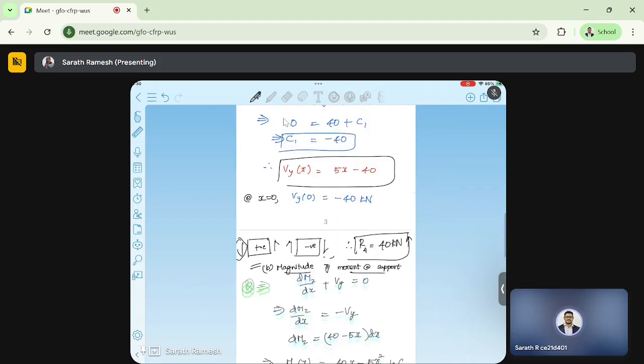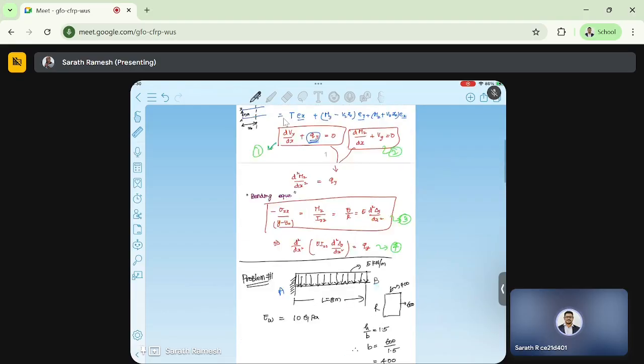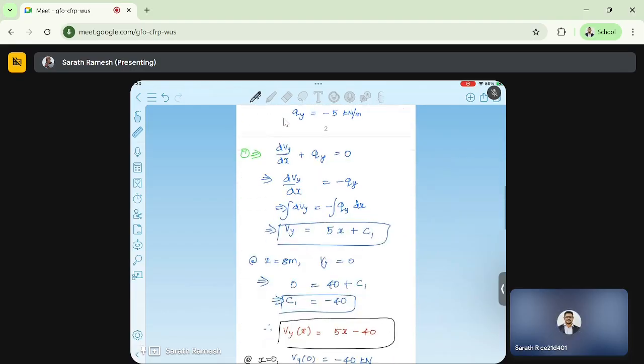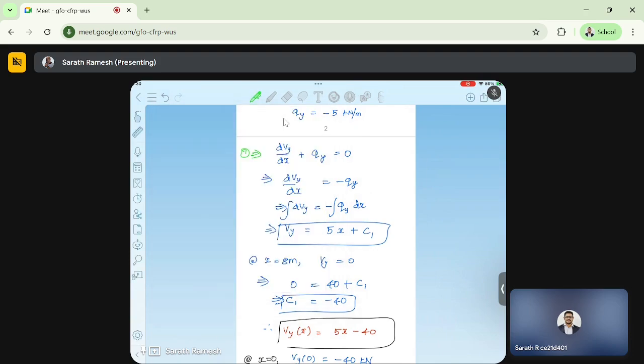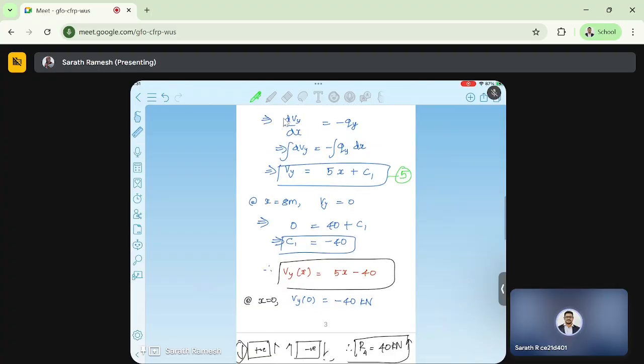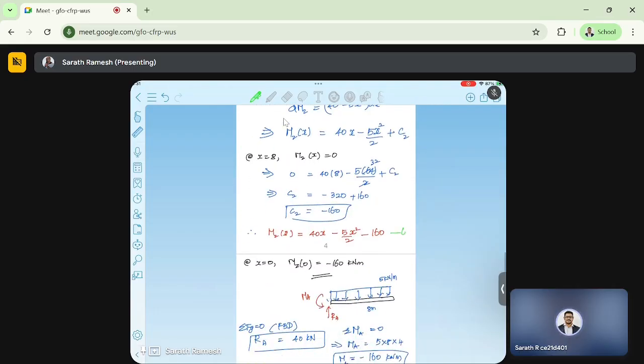We already have the expression for shear force. This is equation number 5, and this is my final equation, equation number 6.